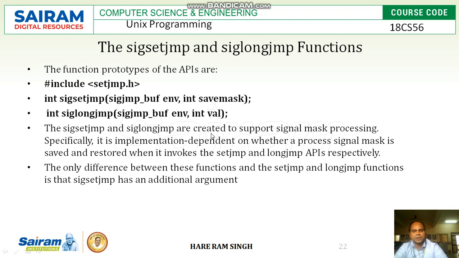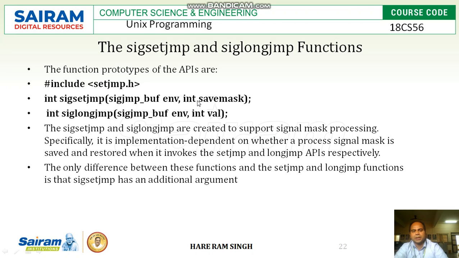The sigsetjmp and siglongjmp are created to support signal mask processing. These both functions support the signal mask processing. Specifically, it is implementation dependent whether a process signal mask is saved and restored when it invokes the setjmp and longjmp API respectively.